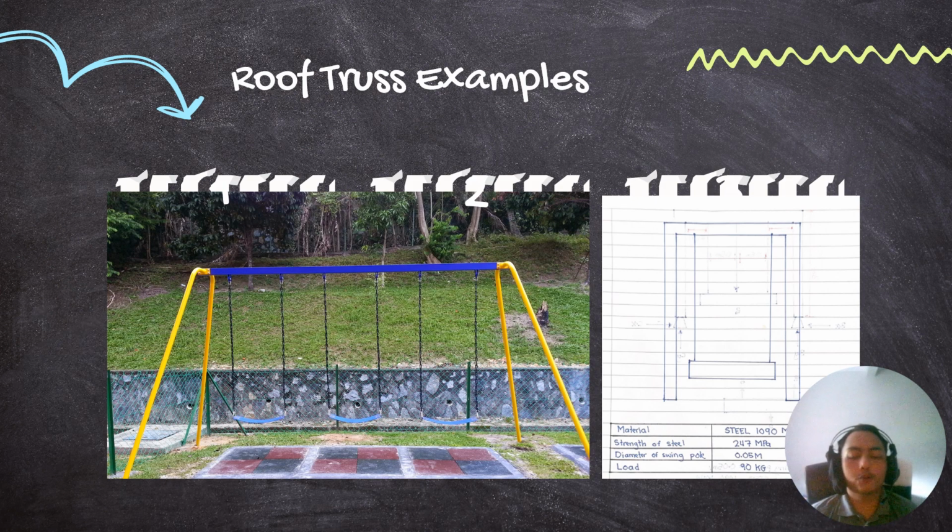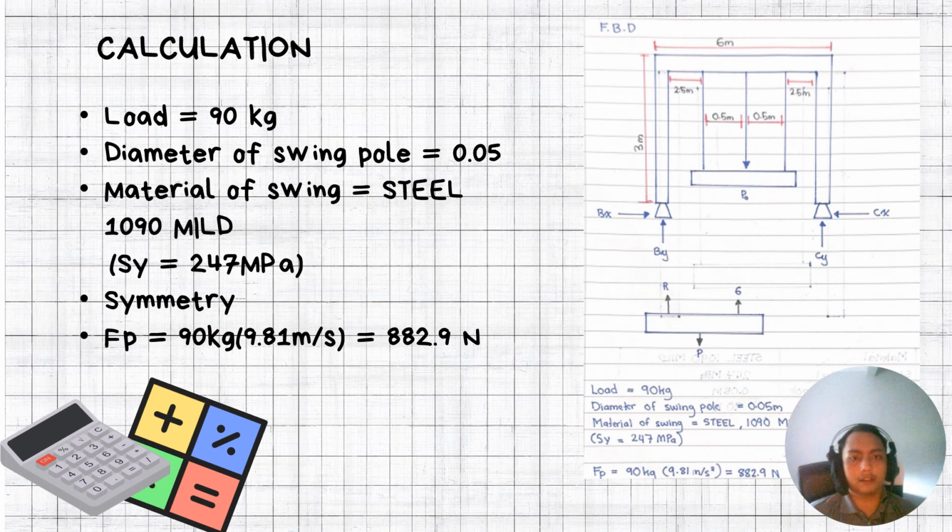The diameter of the swing pole, we will assume to be 0.05 meter. And for the load, as you can see, this is our calculation. We will sketch the FBD again with a measured value. This is our calculation.